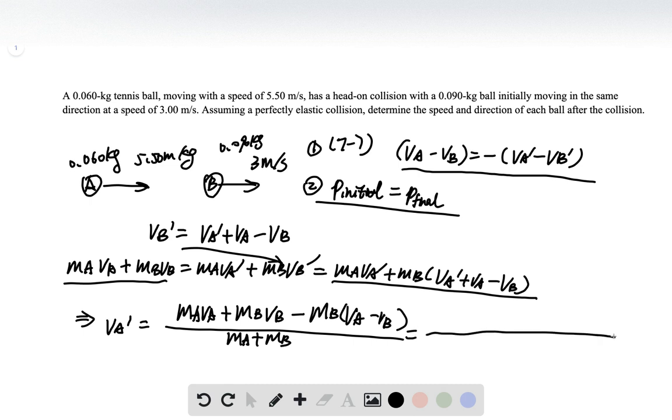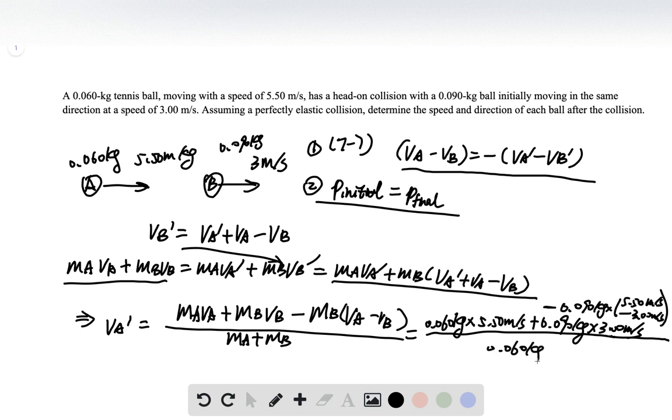Okay, so now we plug in all the numbers. We have 0.060 kilogram times 5.50 meters per second plus 0.090 kilogram times 3.00 meters per second, and then this whole thing minus 0.090 kilogram times (5.50 meters per second minus 3.0 meters per second), and the whole thing divided by 0.060 kilogram plus 0.090 kilogram.